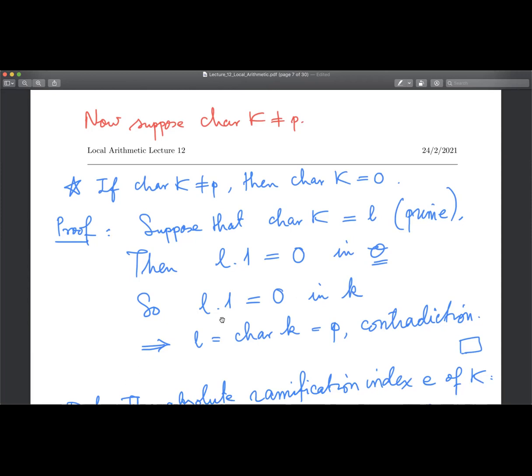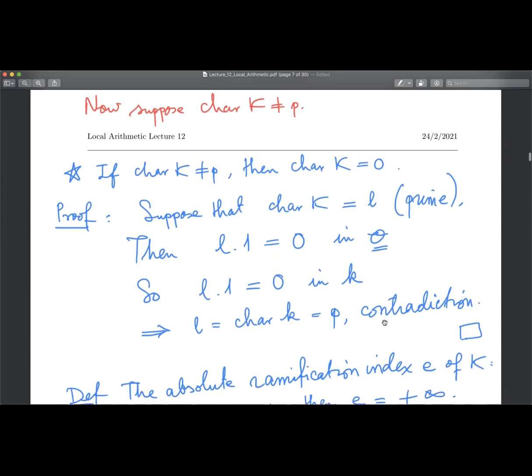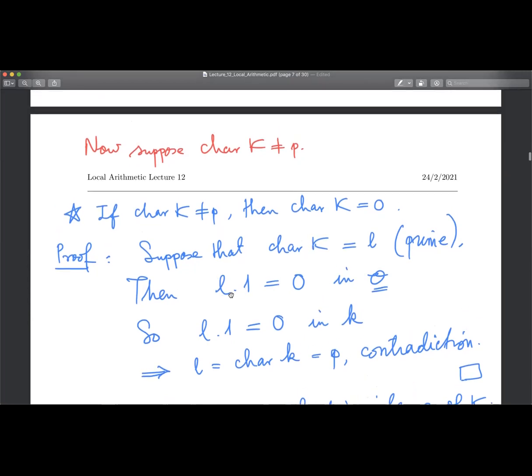Actually, I didn't even need to go to the residue field. I could have just said it here. If some prime l times 1 is equal to 0 in a field, then that prime has to be the characteristic of that field.